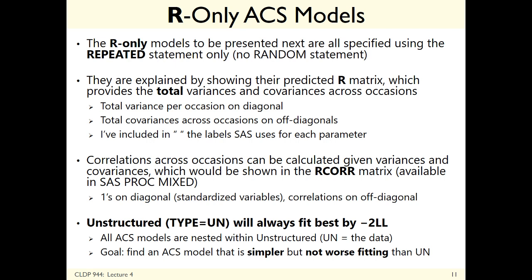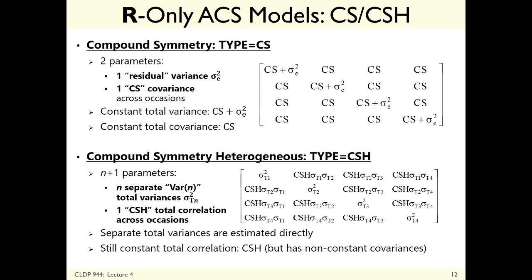Now, to make it slightly better, getting back down here to go change my slides, we can make it slightly more forgiving by introducing different variances across time, and that makes it the heterogeneous variance version of compound symmetry, where on the diagonal we have different variances instead of the same.